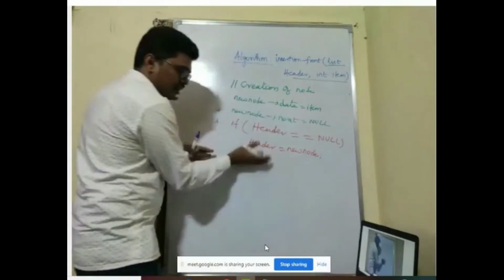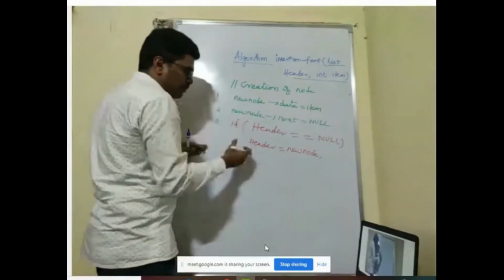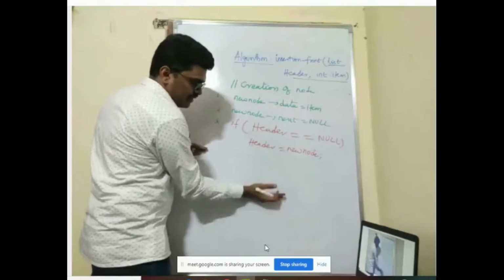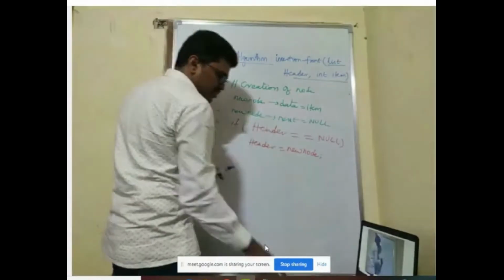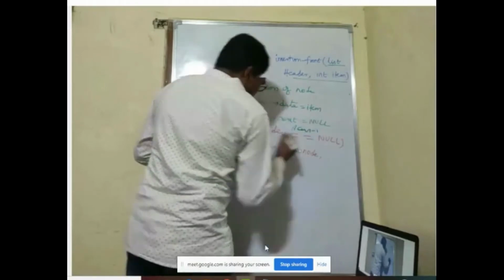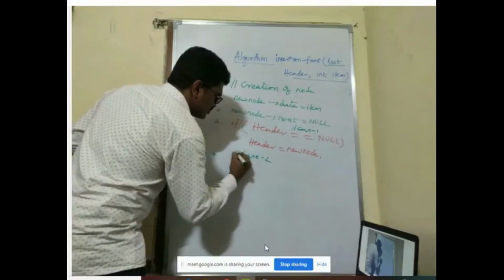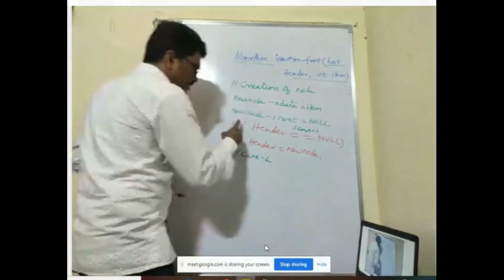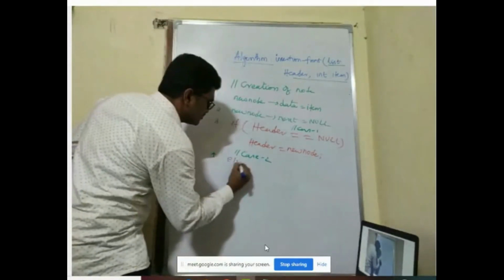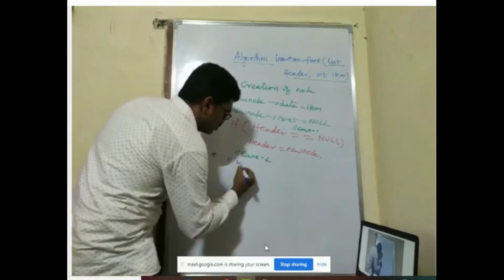If you write these things down, you can understand more properly. This is what we wrote previously, case 1 and case 2. This is my case 1. Next, case 2. What will we do? You have to write else. Other than this case, else, what do you have to do?